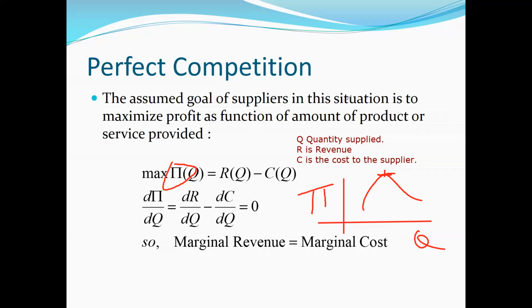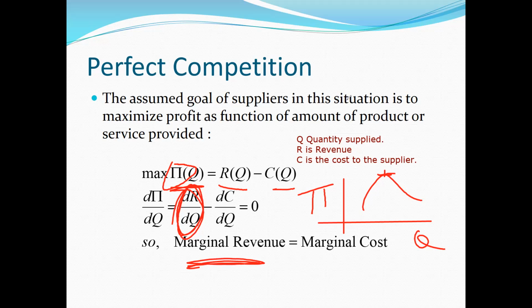So that's exactly what I'm doing here. I'm defining the profit function as R(Q) minus C(Q), and then I take the derivative of this function with respect to Q. So dR/dQ minus dC/dQ has to be 0. Remember, if you take the derivative of the revenue function with respect to the quantity produced, that becomes my marginal revenue.